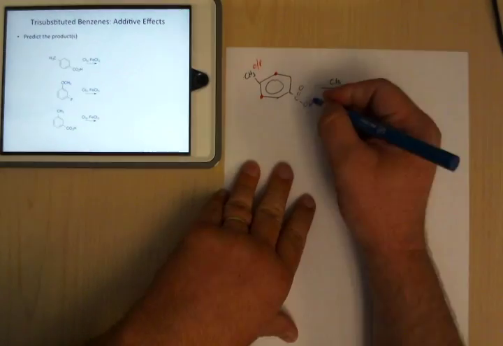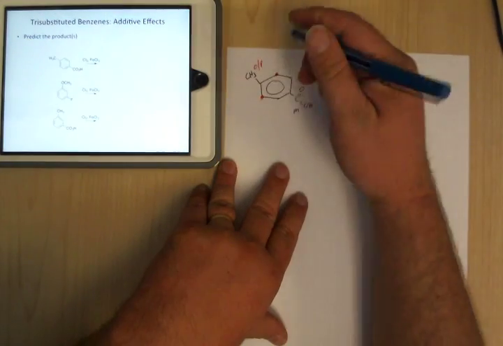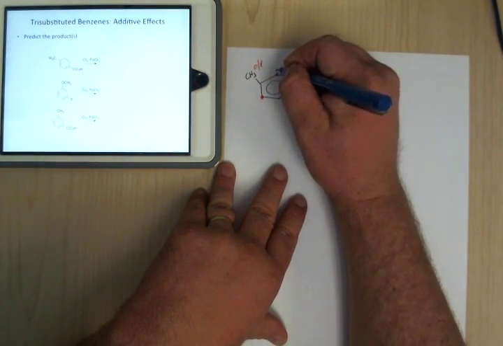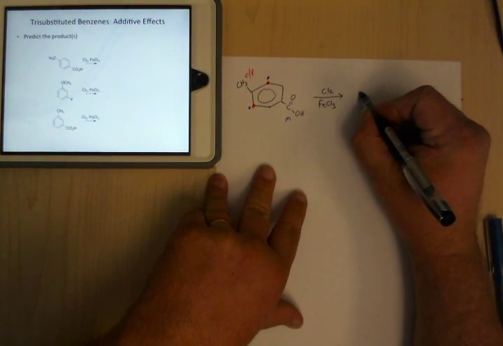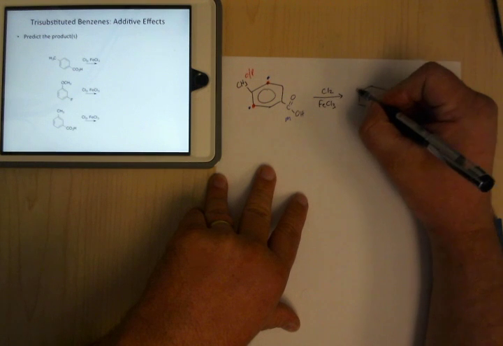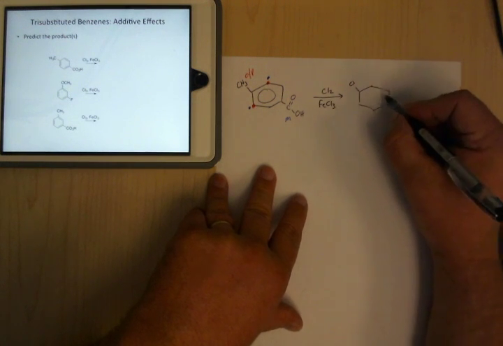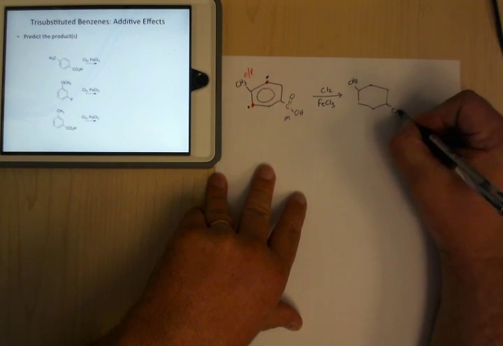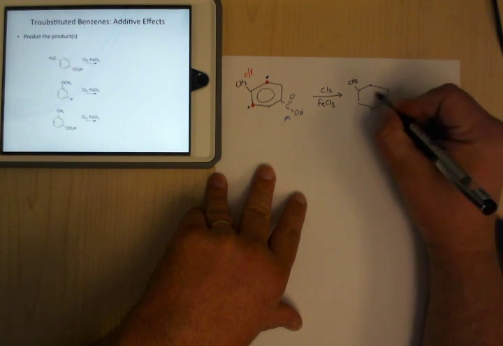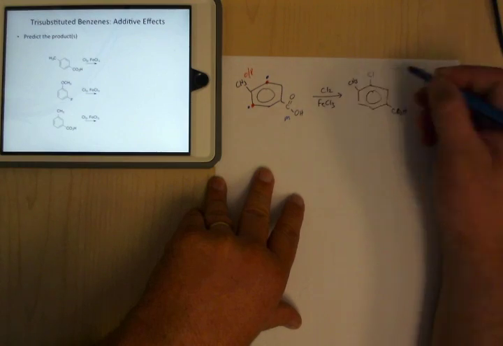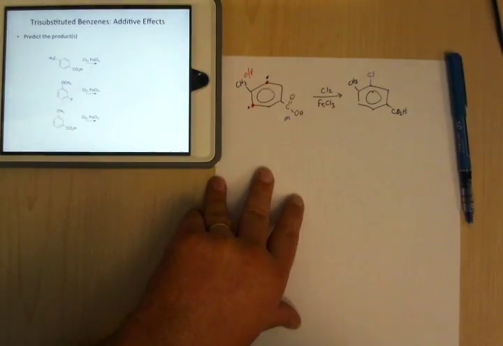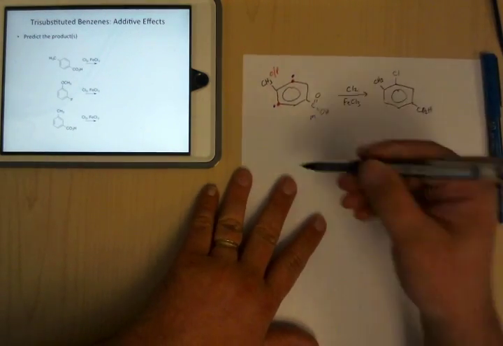What is this? This is meta. Oh, hey, meta. Oh, okay, so we're good in this case. CH3. We're definitely going to be adding it there. We'd also add it there, but it's just the same molecule flipped.